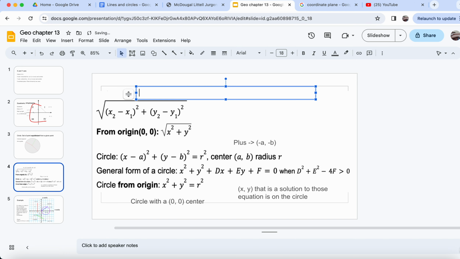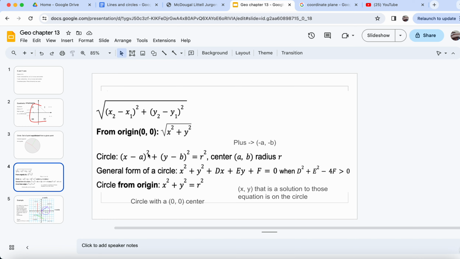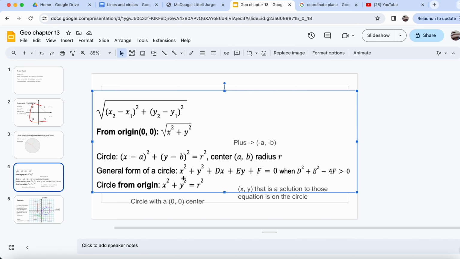The formula of the circle is (x minus a) squared plus (y minus b) squared equals r squared. The center is (a, b) in this case, and the radius is r. Notice, do not write it as (x plus a) squared plus (y plus b) squared equals r squared, because then the center would be negative a and negative b. The general form of a circle is right here.